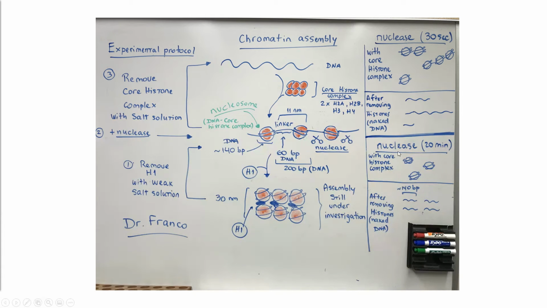With a long nuclease incubation, we expect all exposed DNA to be digested, and therefore uniform fragments of DNA about 140 base pairs in length after we use salt to remove the histones.